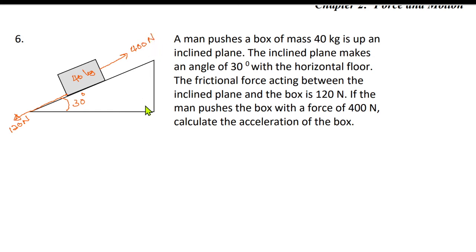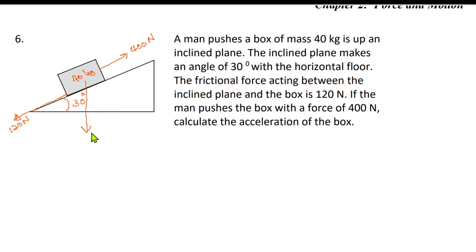That is the force, and we are to find the acceleration of the box. First we need to analyze the picture here. I have a mass of 40 kilogram, so definitely I must have a force going down, right?